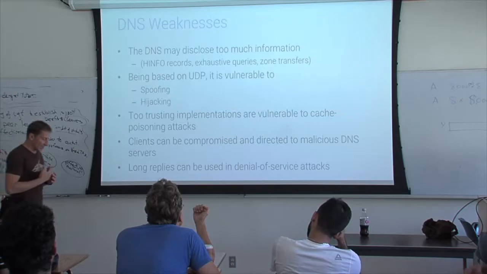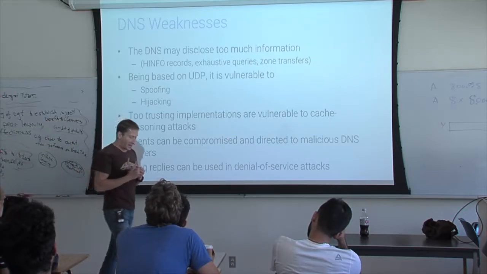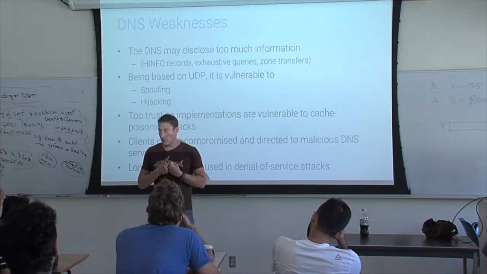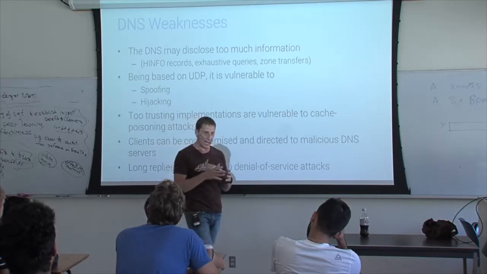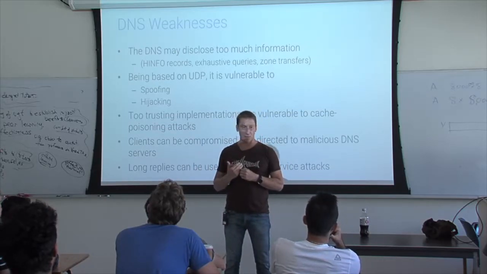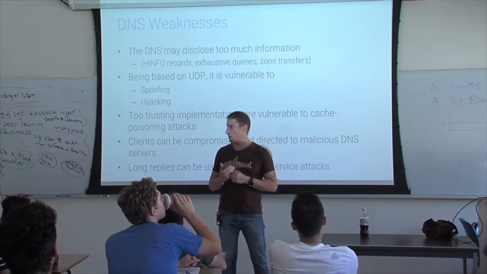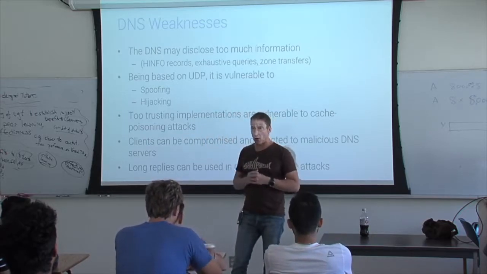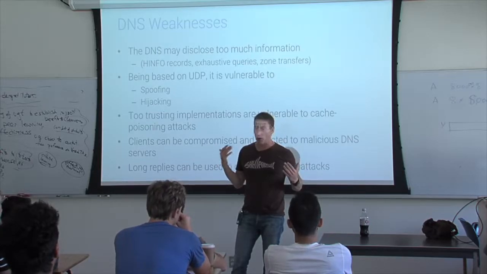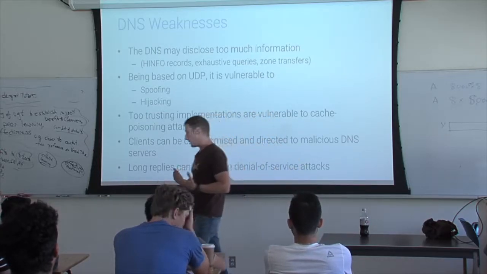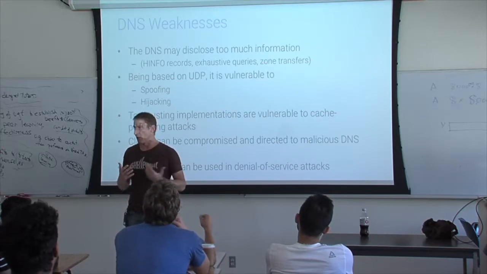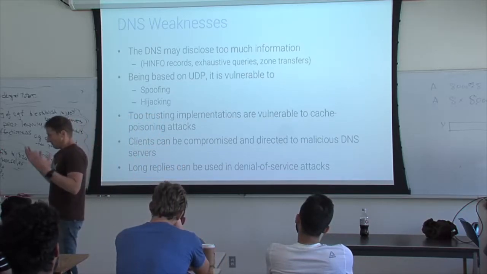But you always have to understand that the assumption here is that an application, when it tries to resolve a name, has a lot of trust in the information that comes back from the server. So this local server says, I have to go to www.google.com. When I get the IP back, I trust that. So whenever that information is manipulated, the amount of mischief you can do is almost limitless.